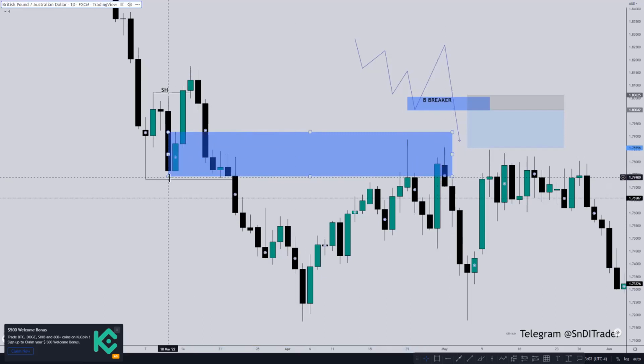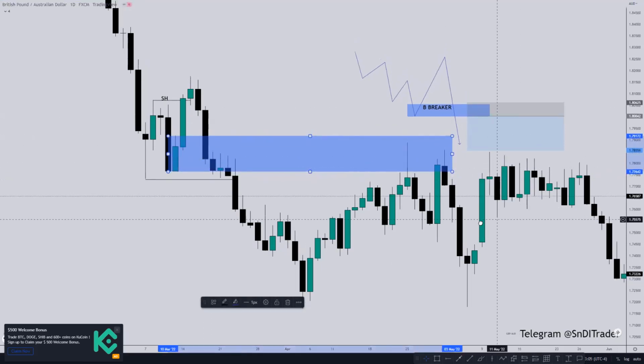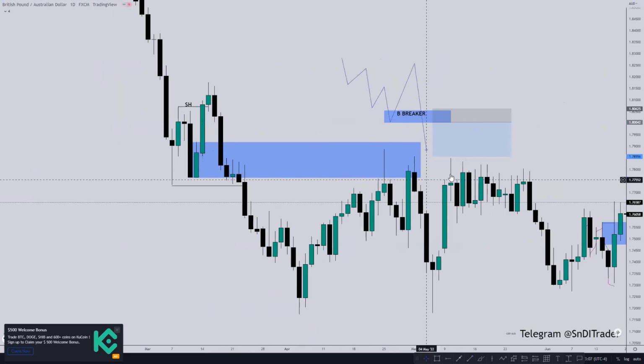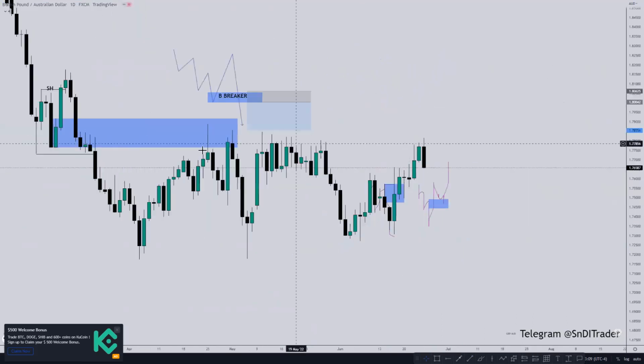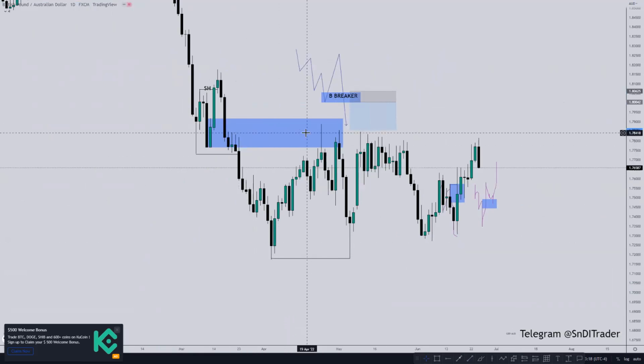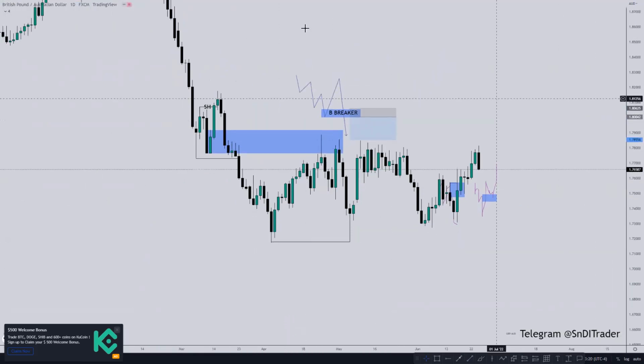So what happened next? Price just came back again, mitigated this breaker and gave a nice move towards the downside, not taking out the lows, but giving a nice short move towards the downside here.